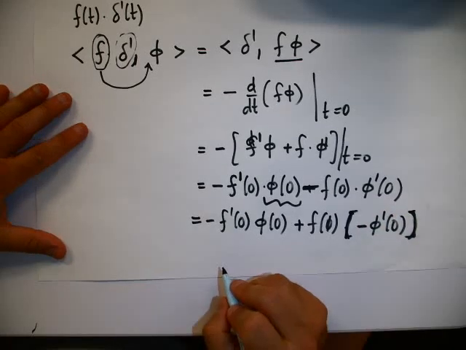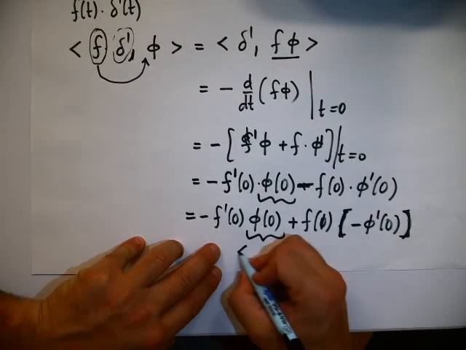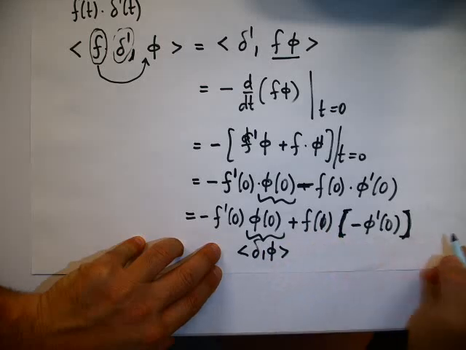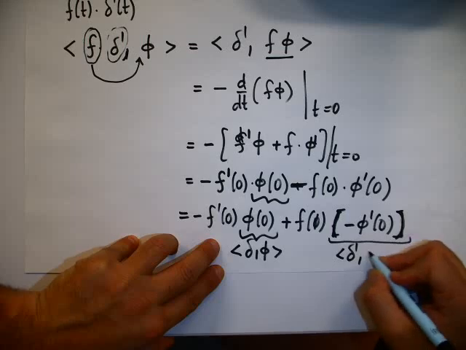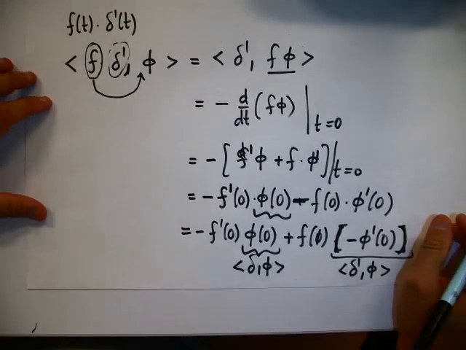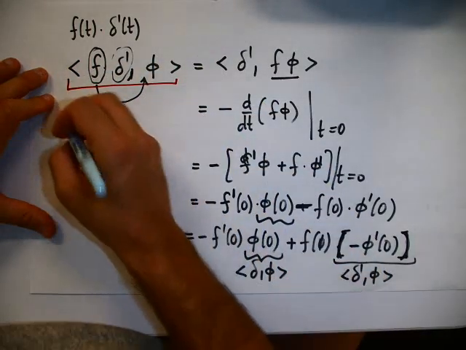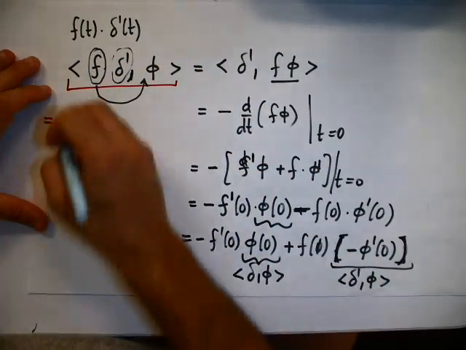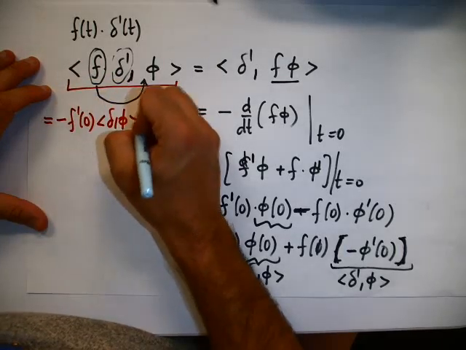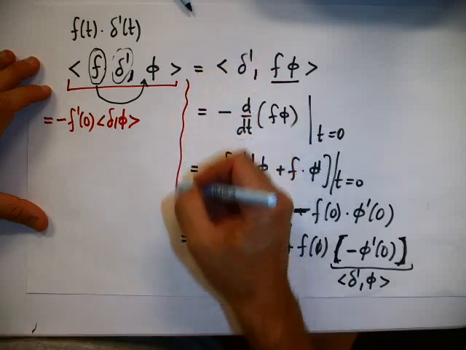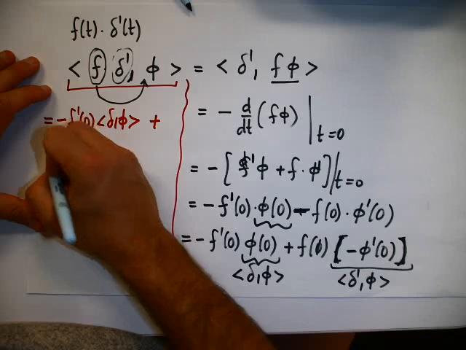Now we know what this distribution is: delta comma phi. But we know also what this distribution is: delta prime comma phi. So we showed that this is equal to minus f prime(0) delta comma phi plus f(0) delta prime comma phi.